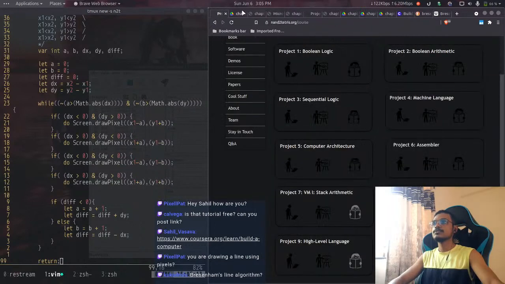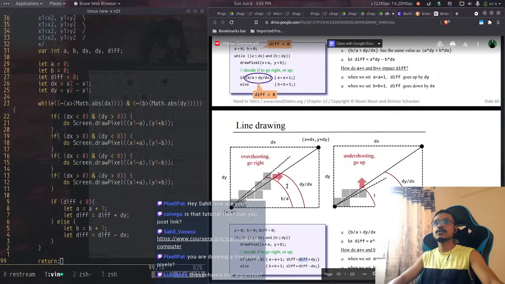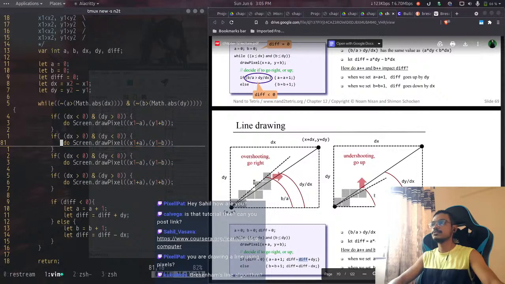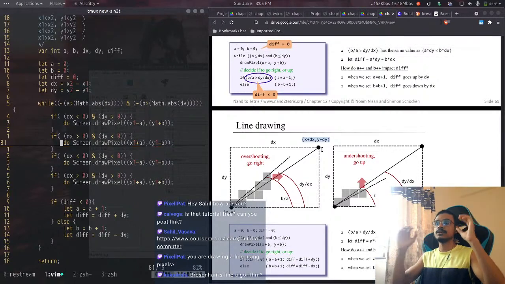But the issue that I'm facing right now is how to get this exact point's distance. I'm using dx and dy as the difference between the two points, the starting and ending point.